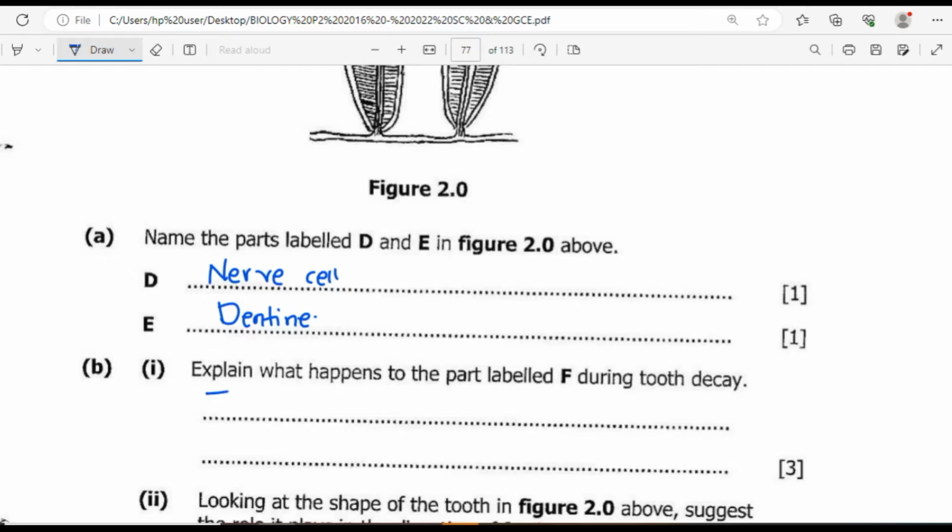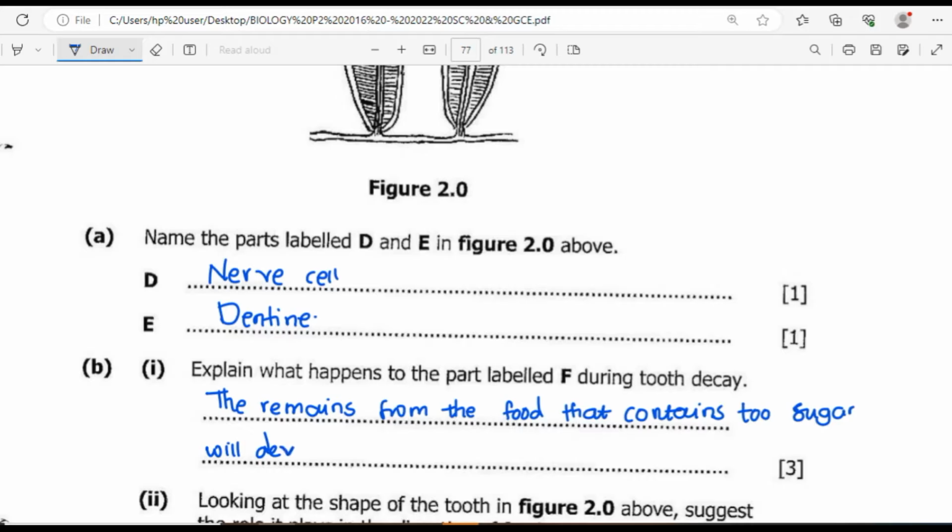So we would say there remains from the food that contains too much sugar will develop into an acid called plaque.